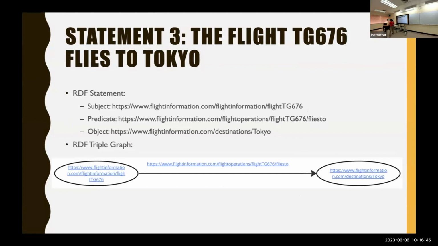I think we do have another slide here, if you can actually combine everything. The meaning of this last exercise is to combine or aggregate all three statements into one graph.